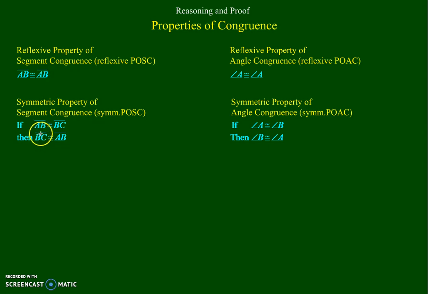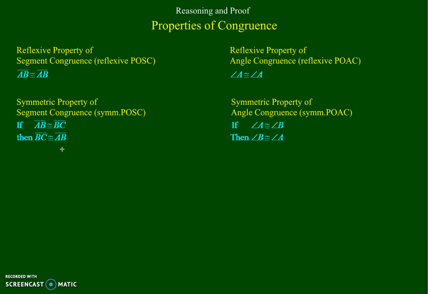And it's really more for organizational purposes when you're working through proofs. If you're actually trying to prove that segment BC is congruent to AB, but you have a statement saying AB is congruent to BC, you can use the symmetric property to swap the sides for those two statements.